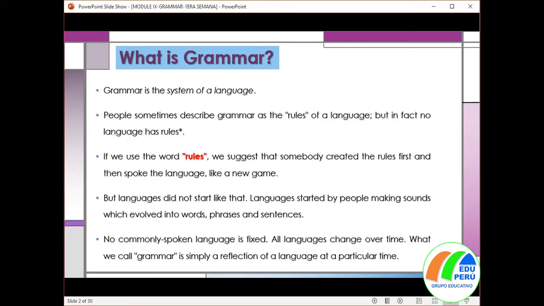So notice, we are reflecting on the language at a particular time, and I can add also according to the region where you speak this language. So what is grammar referring to when we call this rules? Literally, these are not specific rules. This is just a reflection, an analysis of the language at a particular time.